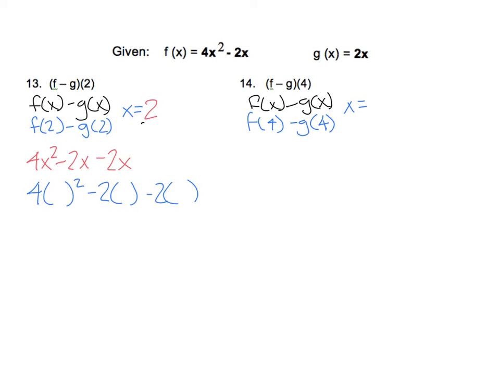And what goes in the blank is the value of 2, because that's what x is. All right, now to do the basic math. 2 squared, which is 2 times 2 is 4, and 4 times 4 is 16, minus 4 and minus 4. So you get 16 minus 4, which leaves you with a total of 8.